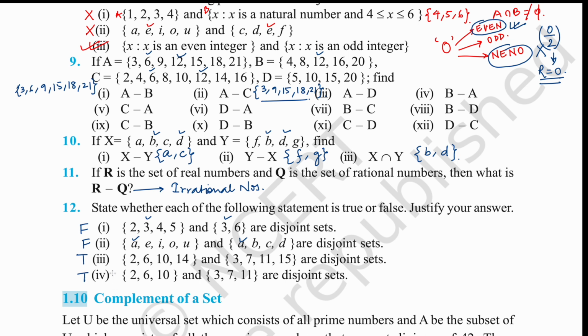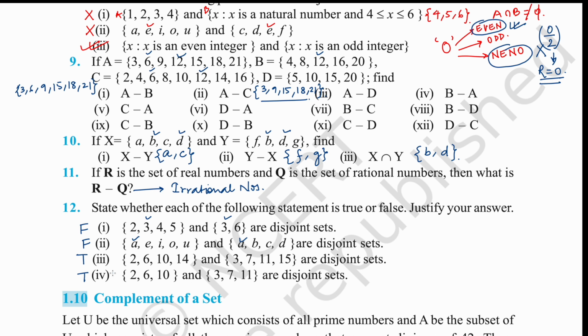So I hope you have understood in this lecture about Venn diagrams, about operations on sets, that is union, intersection and difference of two sets, right? In the next lecture, we will be continuing with what is left in the chapter and probably try to finish it off.